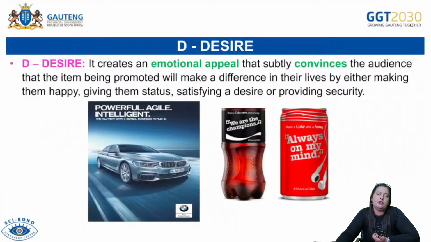And typically, if you're looking at adverts out there, sometimes with the car industry or even your brands in terms of your cold drinks, they do use certain products that would make you remember that brand more. All right.